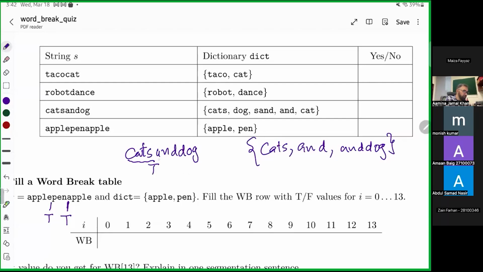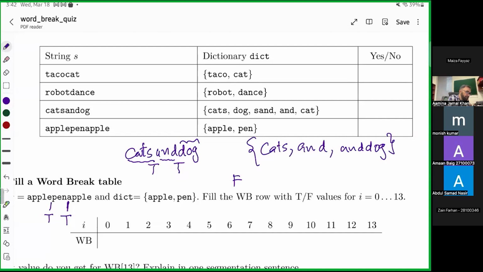And after that, at the end of and, it's going to be true as well. And after that you would check whether dog exists as a word in the dictionary or not, and if it does not, I'm going to just report false, which is not good, right? This string is splittable if I don't split and as a separate word.